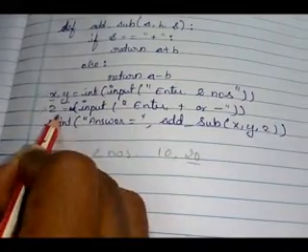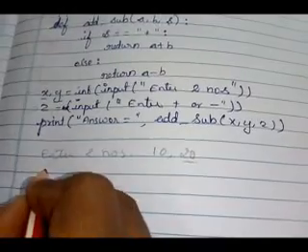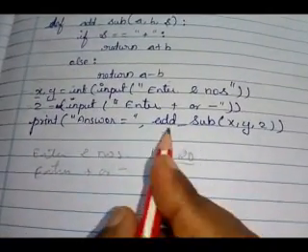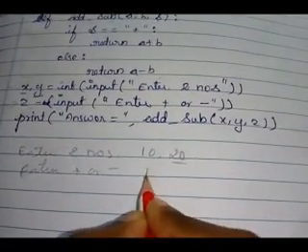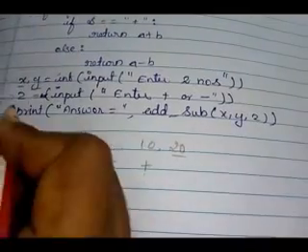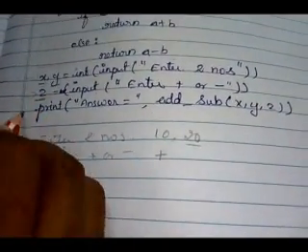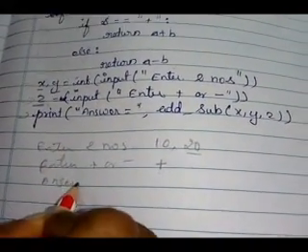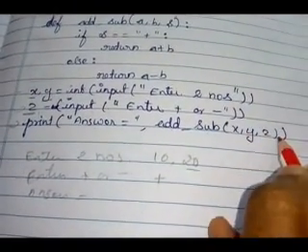Next line is z = input, enter plus or minus. Then it is showing the message, enter plus or minus. Seeing the message, we are entering plus or minus. I am entering plus now. This plus sign will be stored in the z variable. Okay, this line is finished. The next line, print answer equal to add_sub(x, y, z).